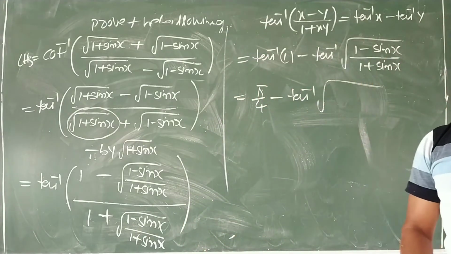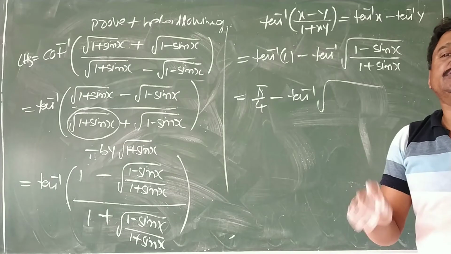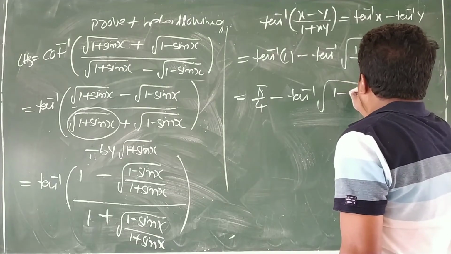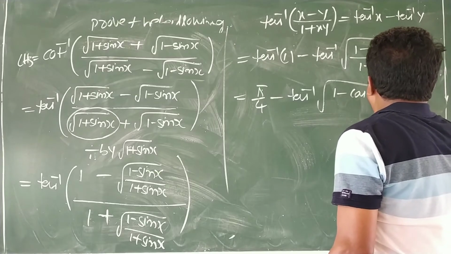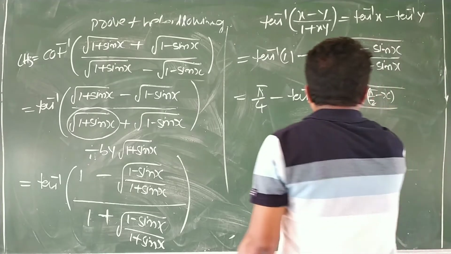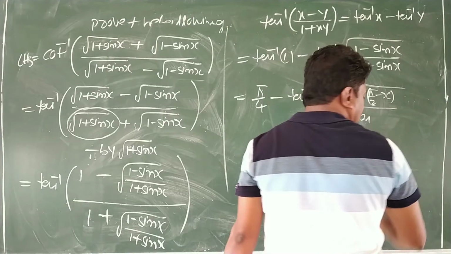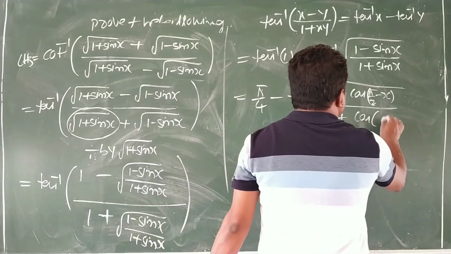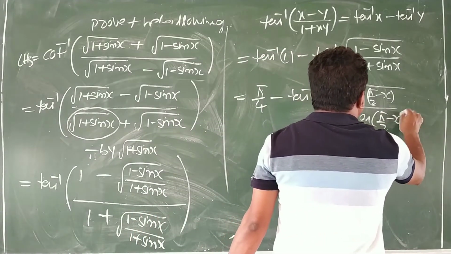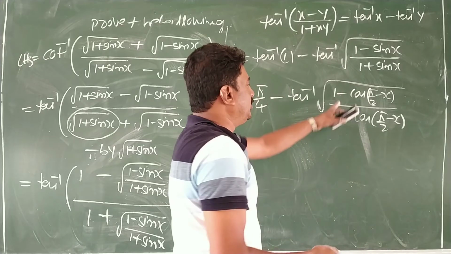The change required means use 90 minus: 1 minus cos(pi by 2 minus x) by 1 plus cos(pi by 2 minus x). Now use half-angle formulas.